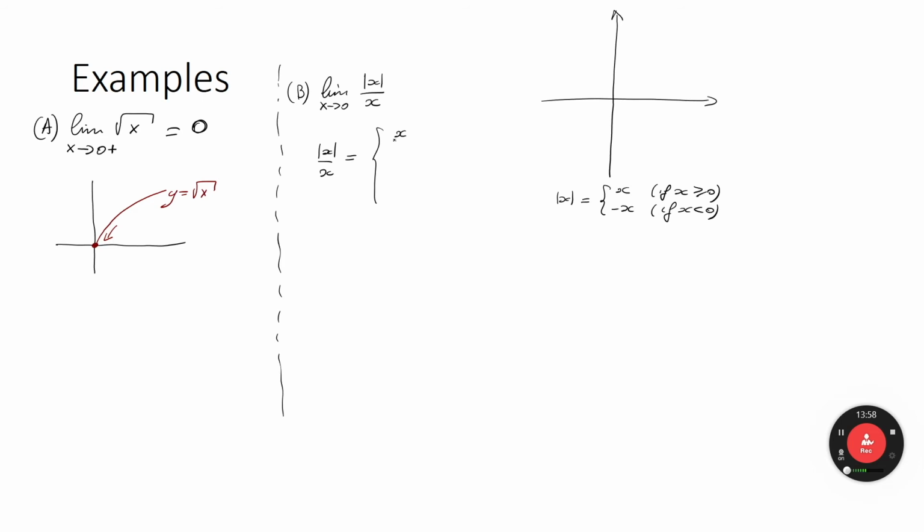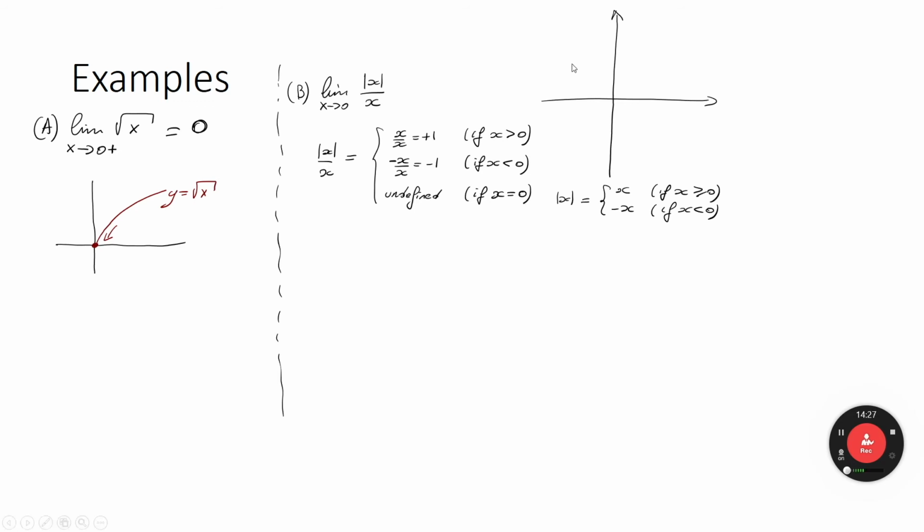So it's x divided by x, or plus 1 if x is positive. It's minus x divided by x, which is minus 1 if x is negative, and it's undefined if x is equal to 0.